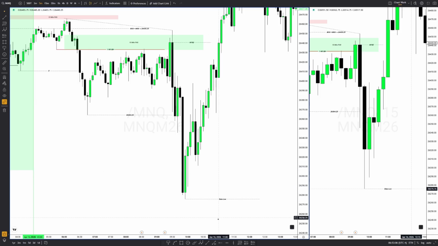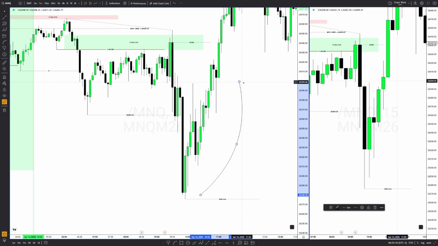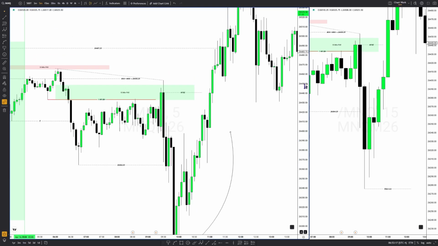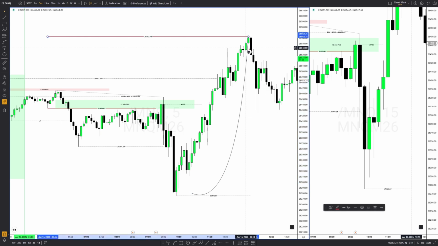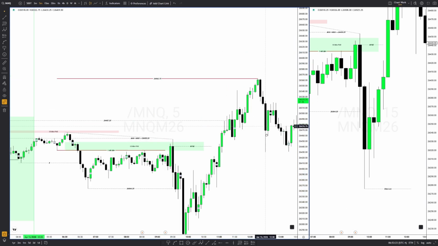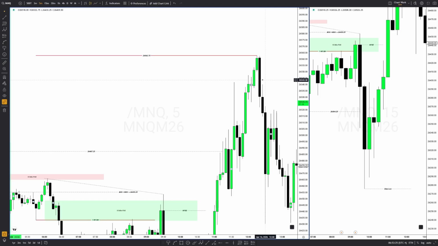Because once we bottomed out here and created a data low, notice how the trend started to change. The delivery is no longer bearish and it's now going up, and it expanded all the way up until this red level here. And notice how we hit that red level to the pip, literally 26562.75.